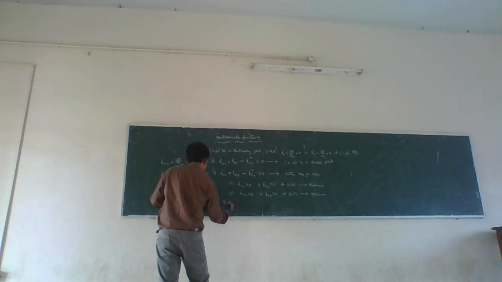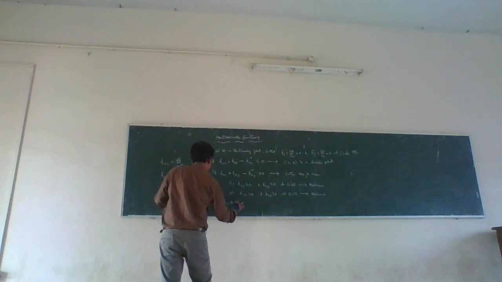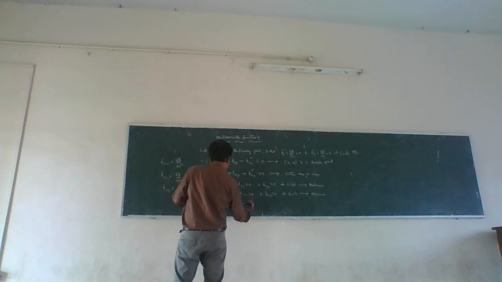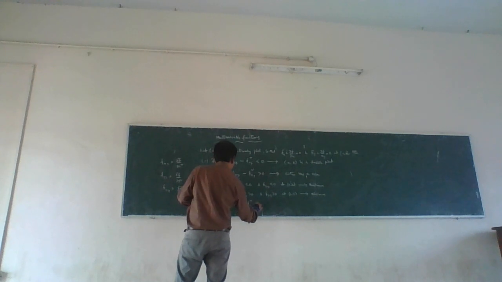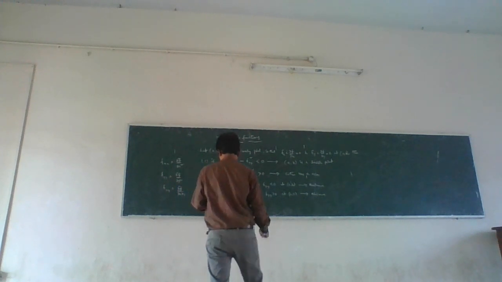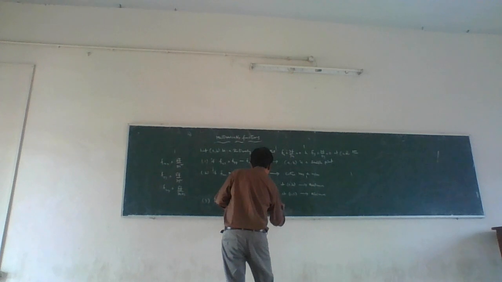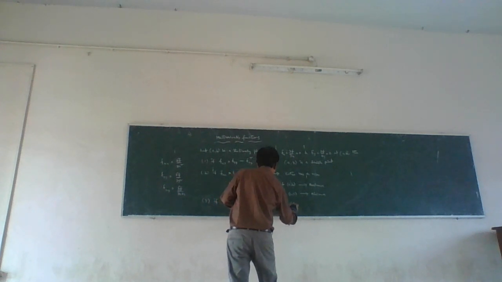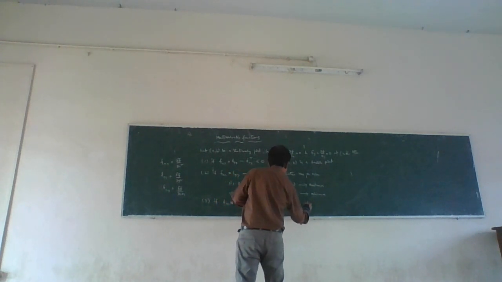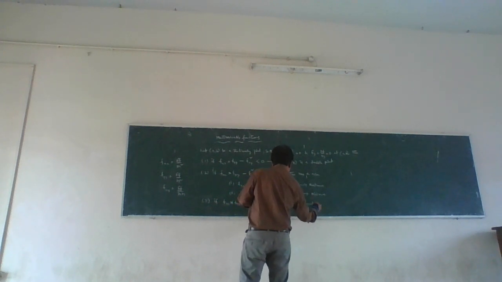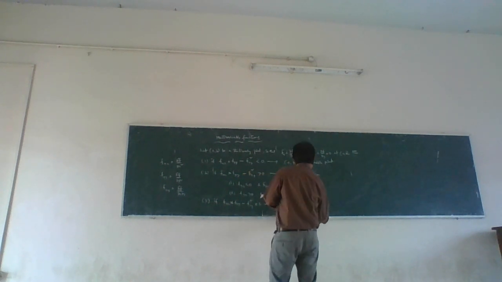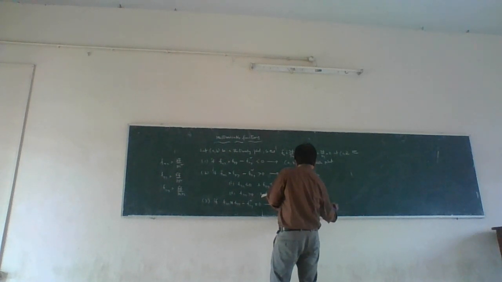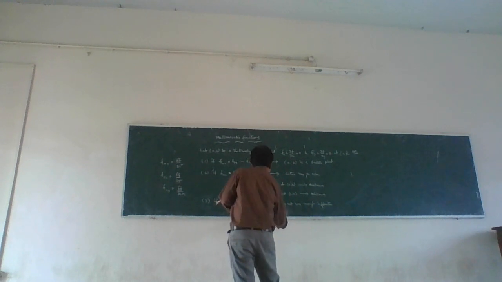Then the last point: if fxx into fyy minus fxy square becomes 0, then we do not have enough information to classify the point.